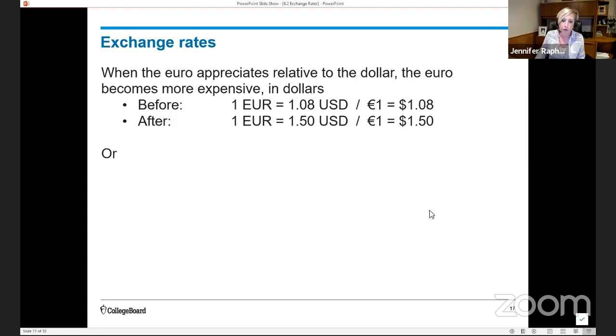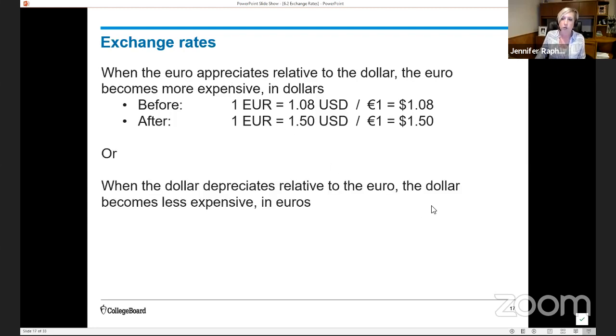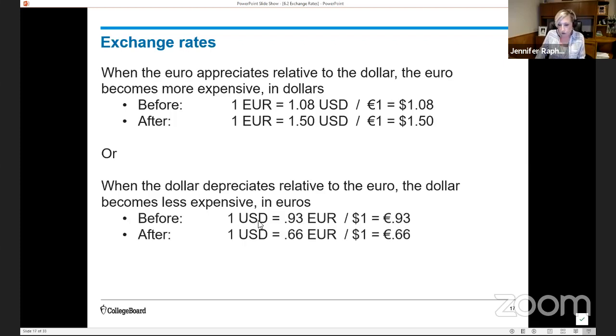But we can also describe what's happening to dollars in euros. So before we saw 1 US dollar was 0.93 euro, right? Or we could buy a dollar with 0.93 euros. But when the cost of a euro rises to $1.50, if we divide both sides by 1.50, we would find out that 1 US dollar is going to cost 0.66 euro.